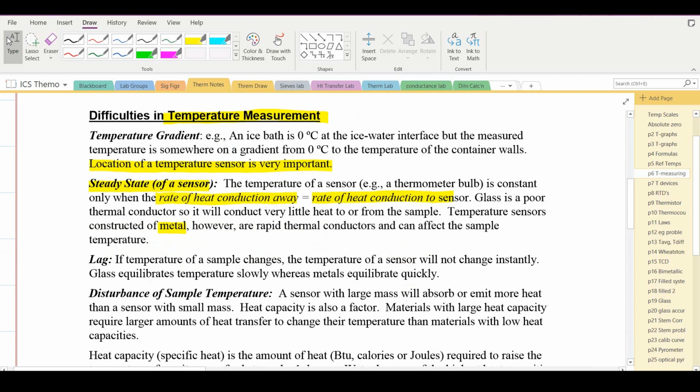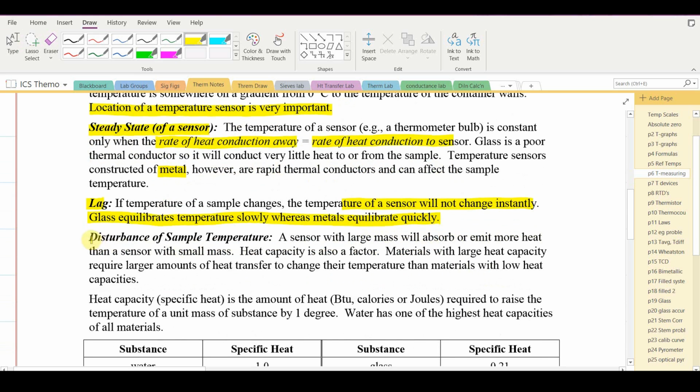So there's a time factor there. Lag: if the temperature of the sample changes, then the temperature of the sensor will not change instantly. Again, glass equilibrates slowly, whereas metals equilibrate quickly.